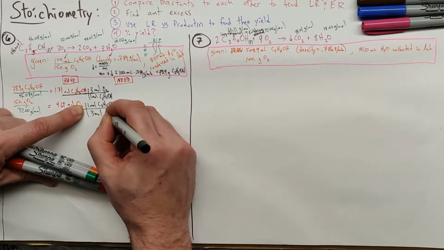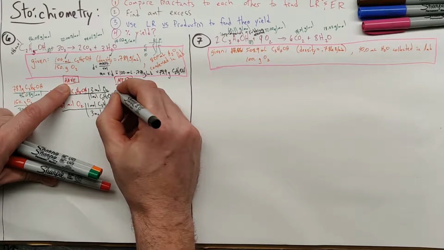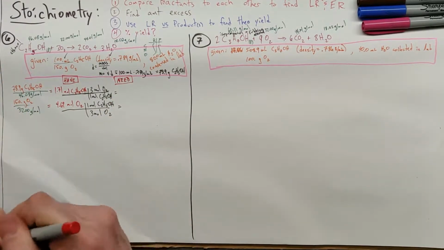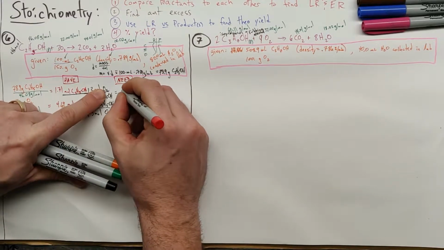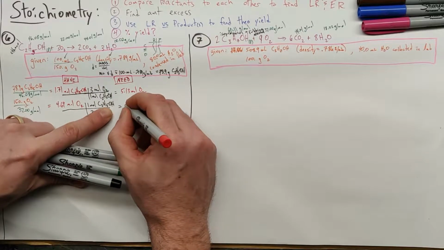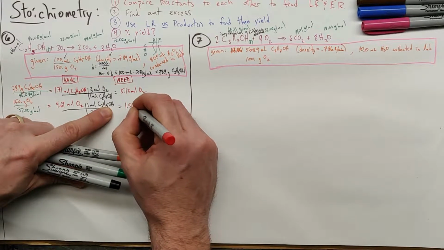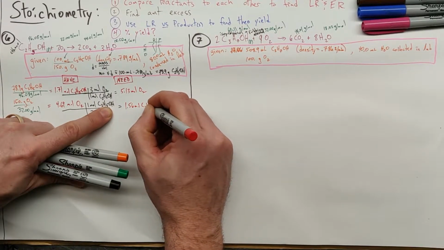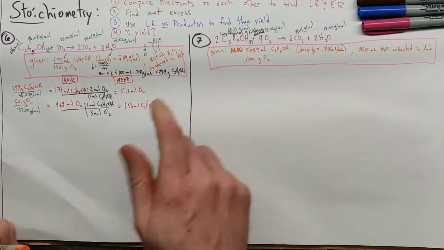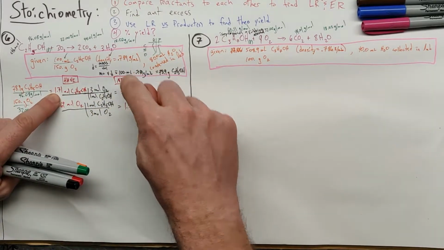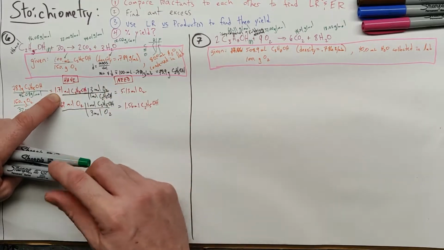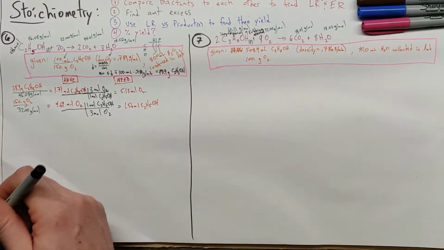And that gives us, I'm going to put this in red, 5.13 moles of oxygen that we need, and 1.56 moles C2H5OH. That is our ethanol. All right. We have 1.7, we need 1.5. We've got more than we need. That makes this one the excess reactant, and we can label it as such.